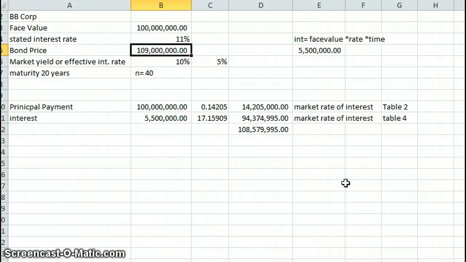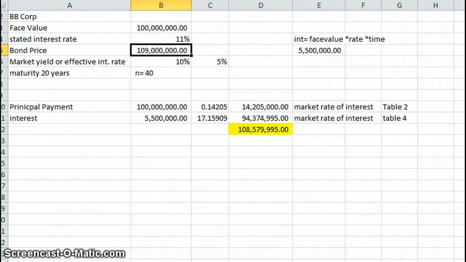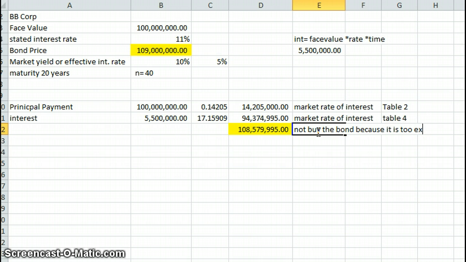So for the next two lettered parts in number one, you would find the principal payment and its present value, and the interest payments and their present value, calculate a price for the bond, and then compare the price that you calculated to the price that was stated for the bond. In this instance, I would not buy the bond because it is too expensive.